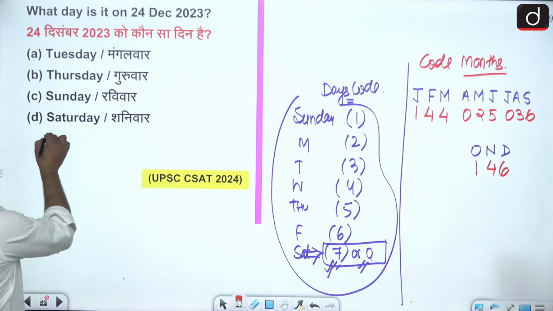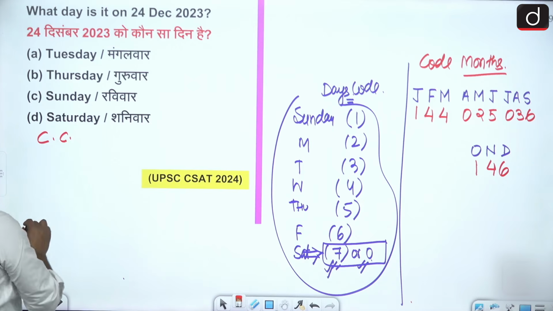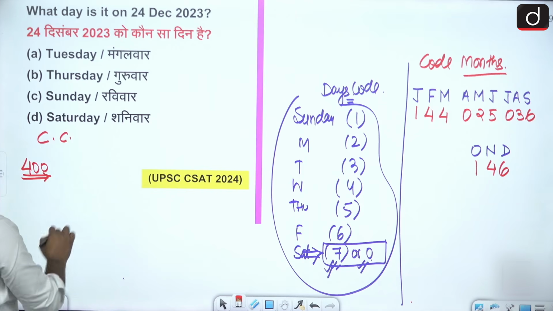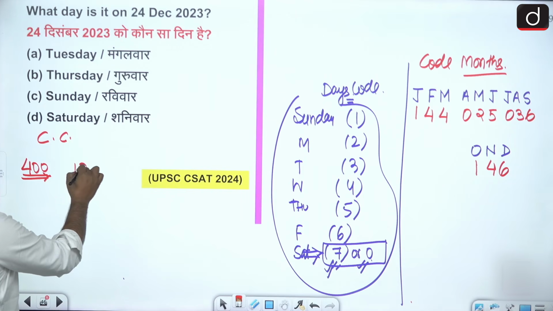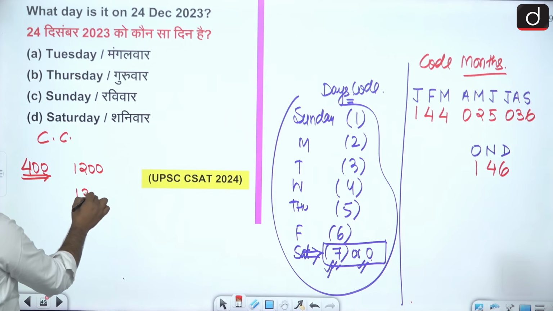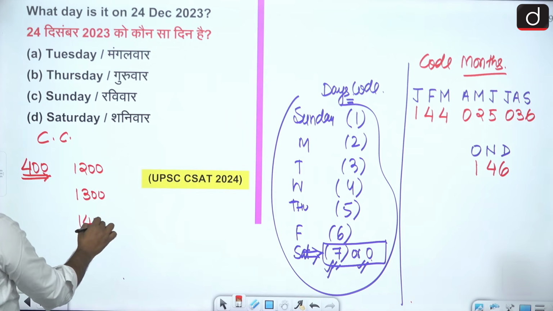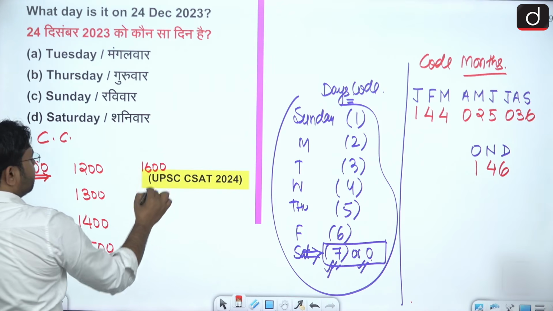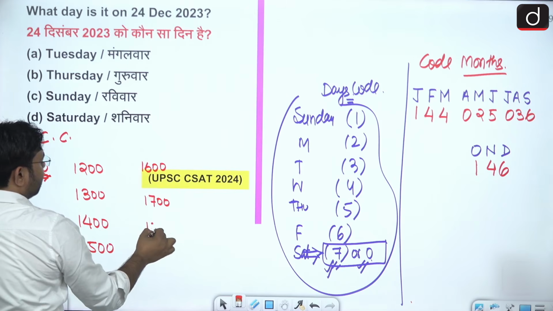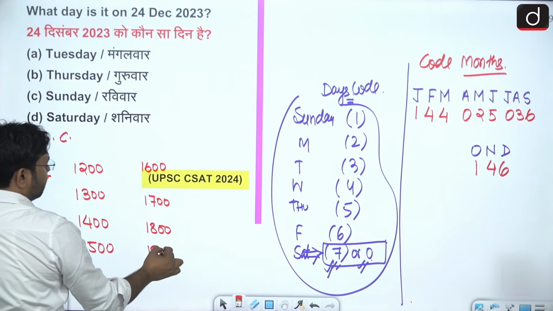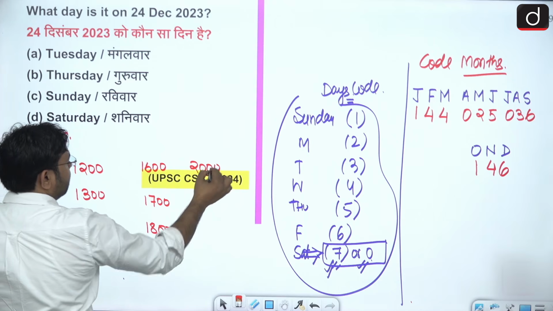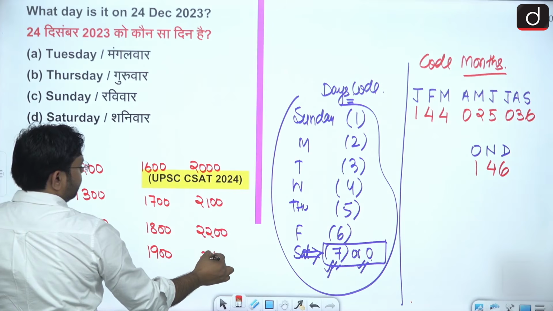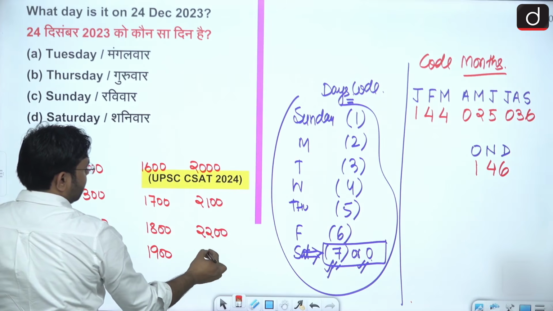Now century code. Century code: multiples of 400, for example 1200. Now 1300, 1400, 1500, then 1600, 1700, 1800, 1900, then 2000, 2100, 2200, 2300.